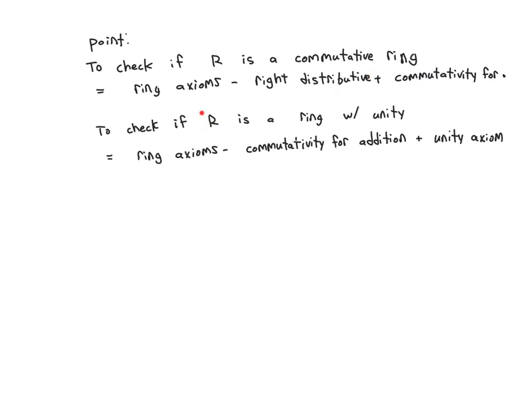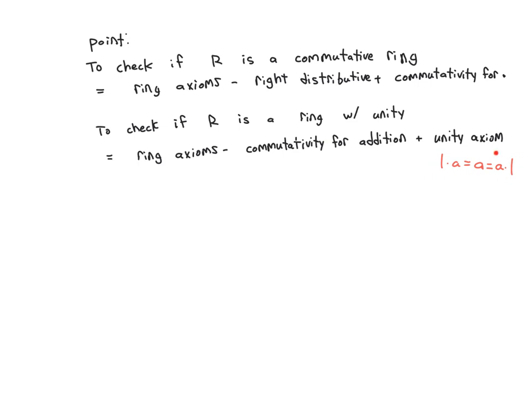Similarly, if you want to check that R is a ring with unity, then you look at all the ring axioms, you delete the commutativity for addition one, and you replace it with the unity axiom, which is just saying that 1 times a is equal to a, is equal to a times 1. Notice, of course, unlike the case of groups, you actually do have to check multiplication on both sides.